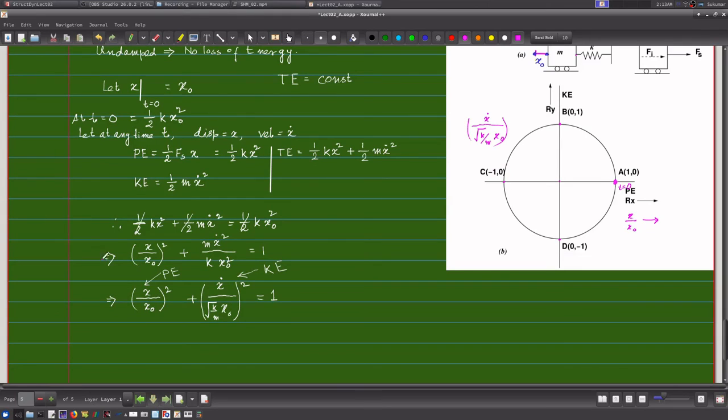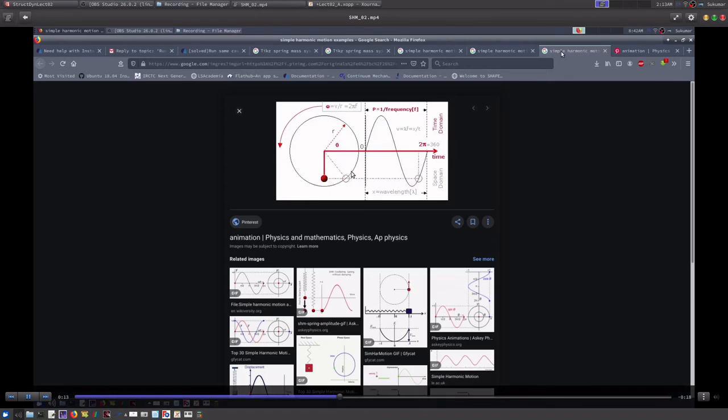So this is my equation showing that this is a part of a circular path having unit radius. This is similar to the video we have seen earlier, where the point is moving in a circular path and the mass is moving in a sinusoidal motion.